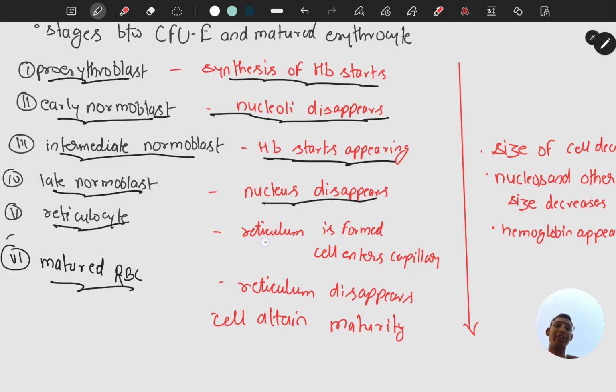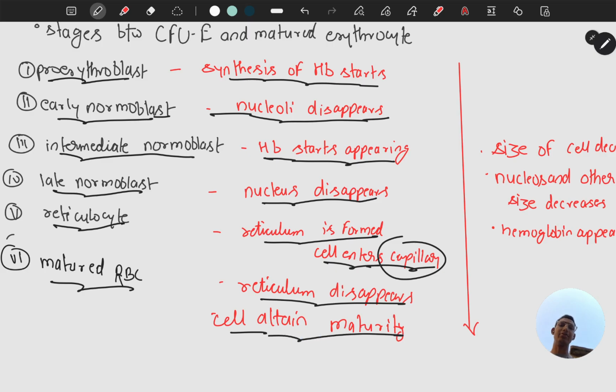In reticulocyte, reticulum is formed and the cell enters the capillary, meaning the cell from the site of production of RBC enters into the capillary. Reticulum is formed due to the organelles getting lysed. In matured RBC, reticulum disappears. The cell attains maturity, like the name says, matured RBC.